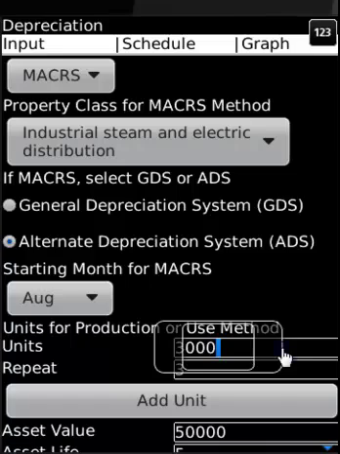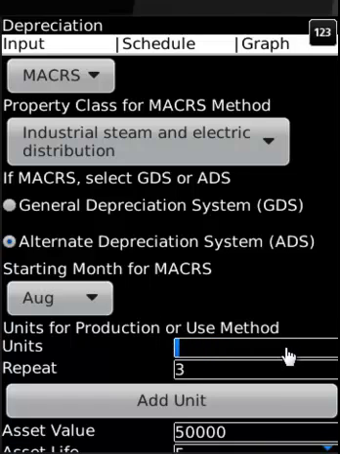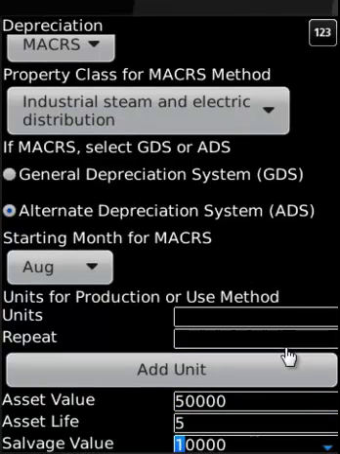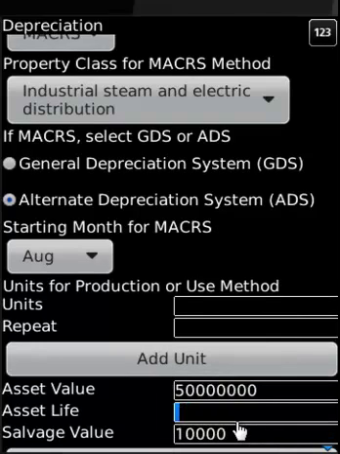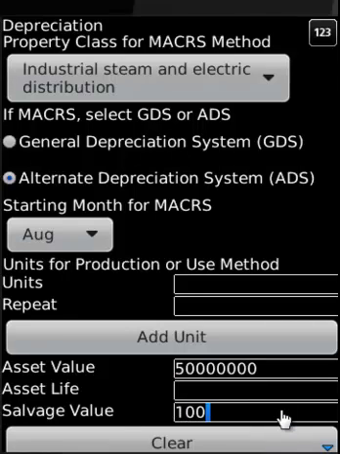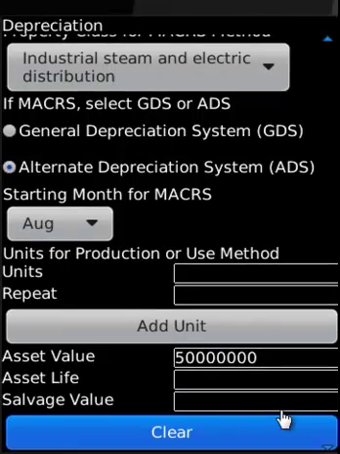It will ignore the value supplied in the production and use. This is a $50 million case. We're going to do 50 million, and the asset life will be automatically calculated, and salvage value will also be automatically calculated.